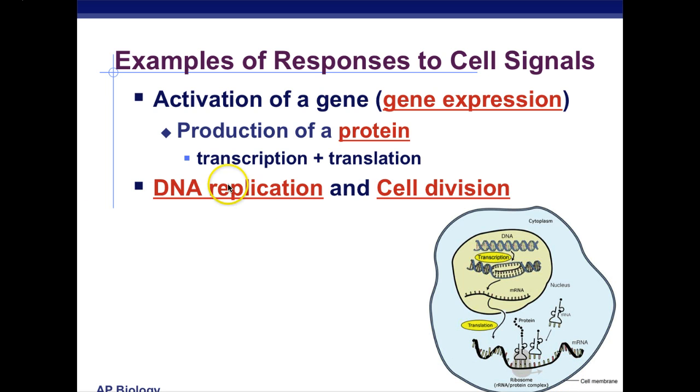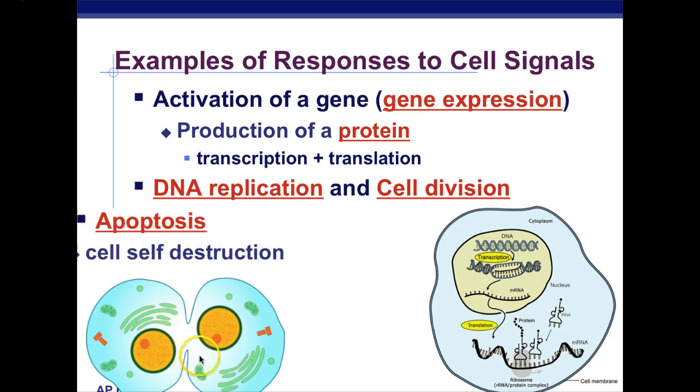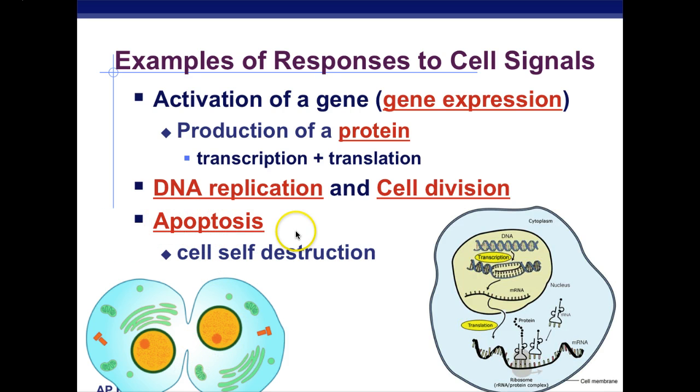Another example of a cell response is DNA replication and cell division. So these signaling molecules can actually stimulate the cell to copy its DNA and then for the cell to divide to make new cells. So cell division there. And then apoptosis. Another thing that can happen is signaling molecules can actually tell the cell to self-destruct.